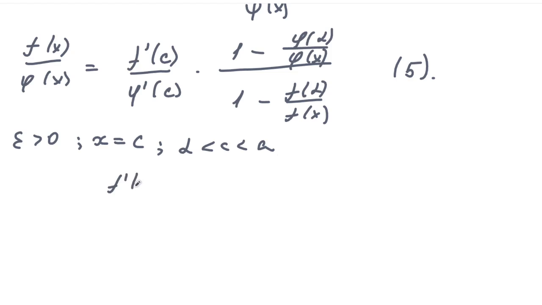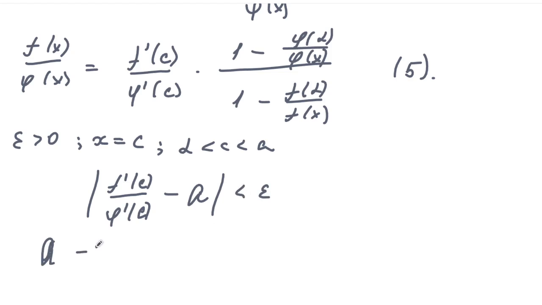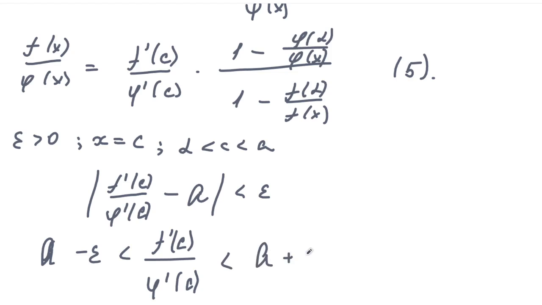The modulus of f prime of c over phi prime of c minus capital A is less than epsilon, or capital A minus epsilon is less than f prime of c over phi prime of c is less than capital A plus epsilon.